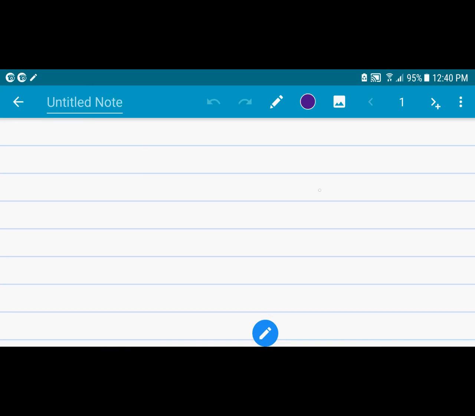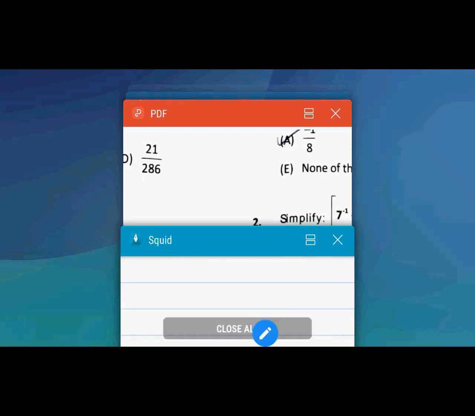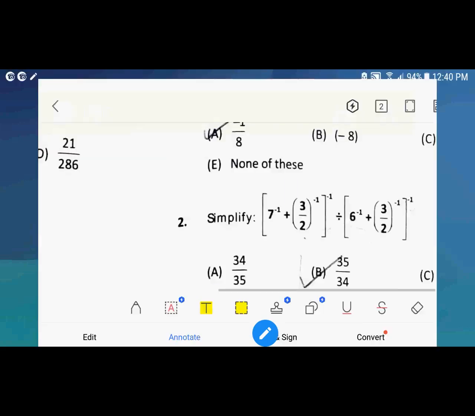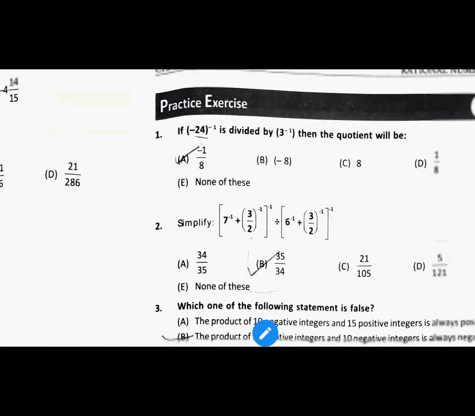Okay. So what was our problem? Sorry, because here if we solve, it gets very confusing. So we'll solve on the page.